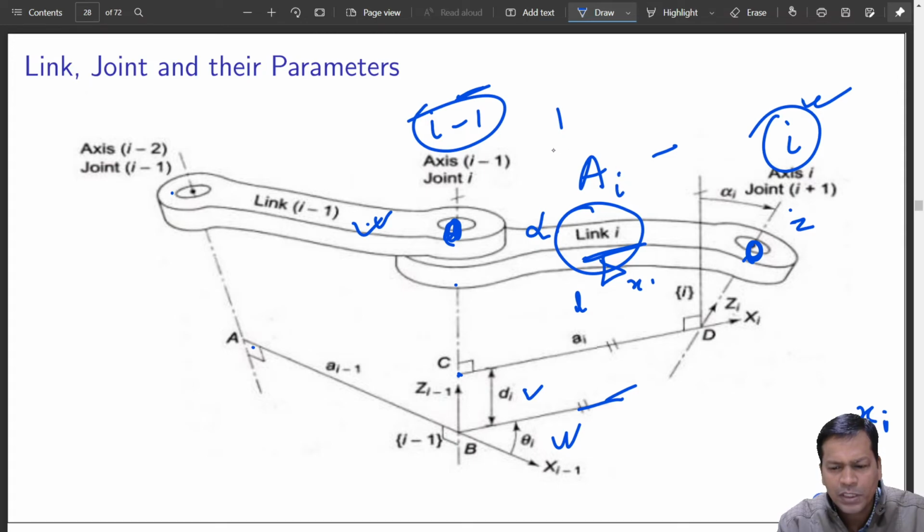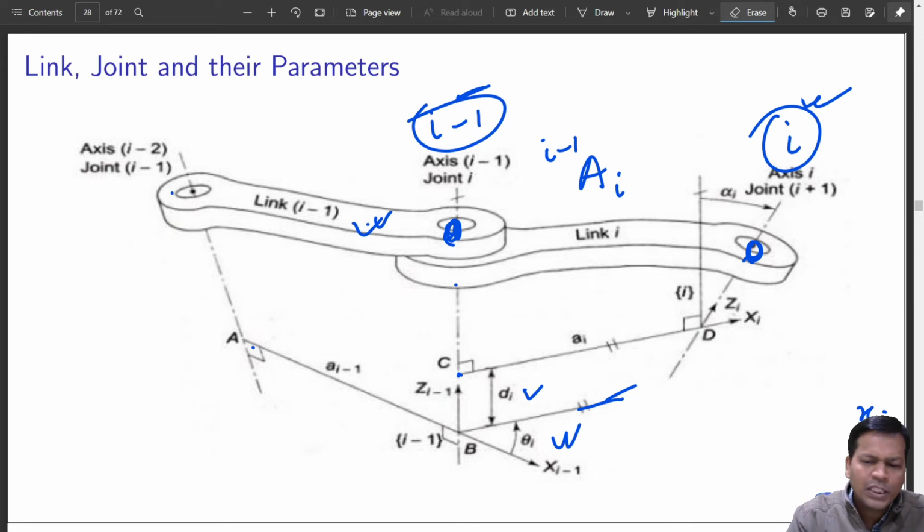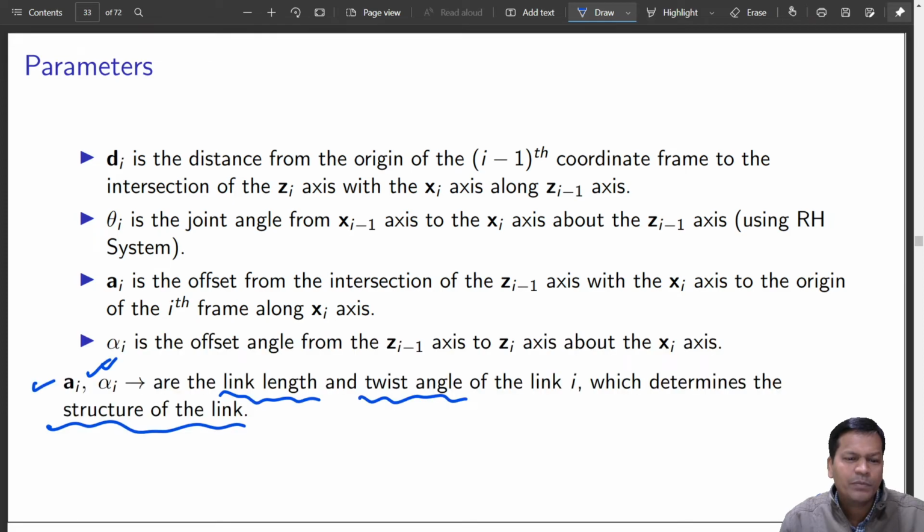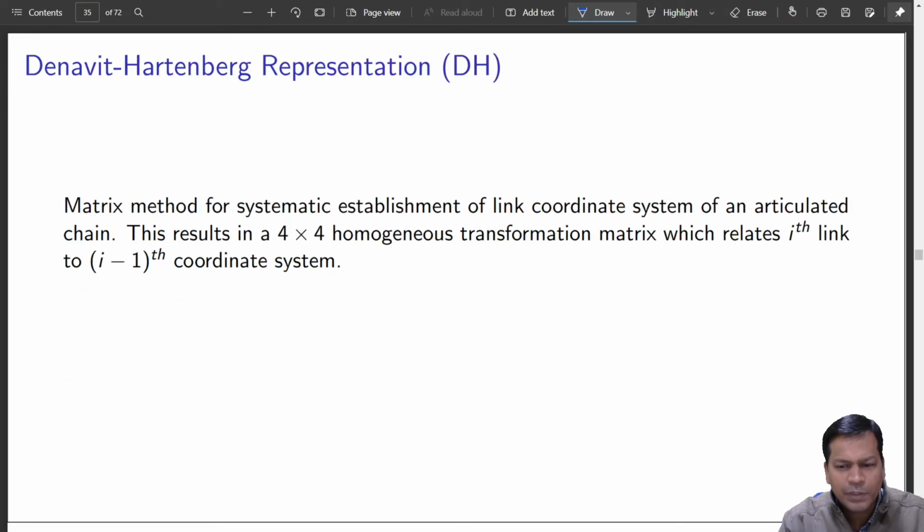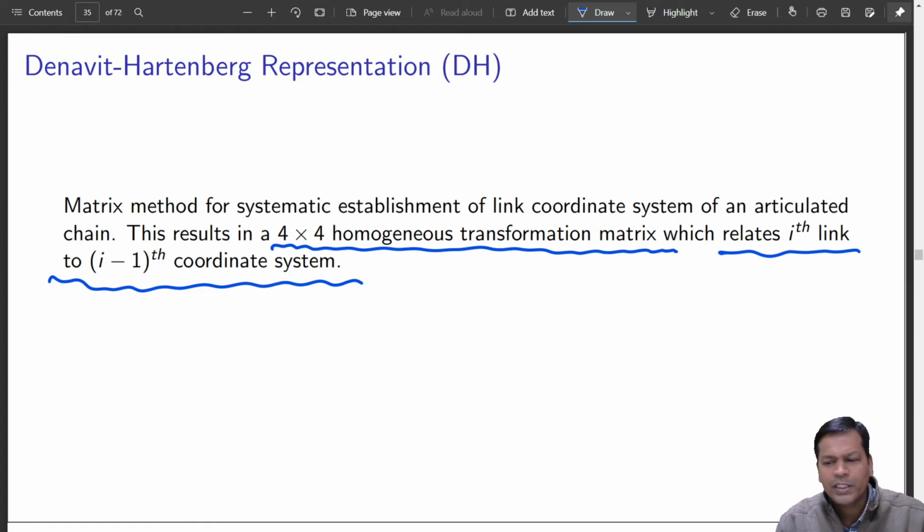This is a combined transformation. So that will be your link transformation matrix. Okay, so that is your DH transformation. That is basically a 4 cross 4 homogeneous transformation matrix that relates the ith link to the i minus 1th coordinate system. Link here means the link frame, the frame which is attached to the ith link.